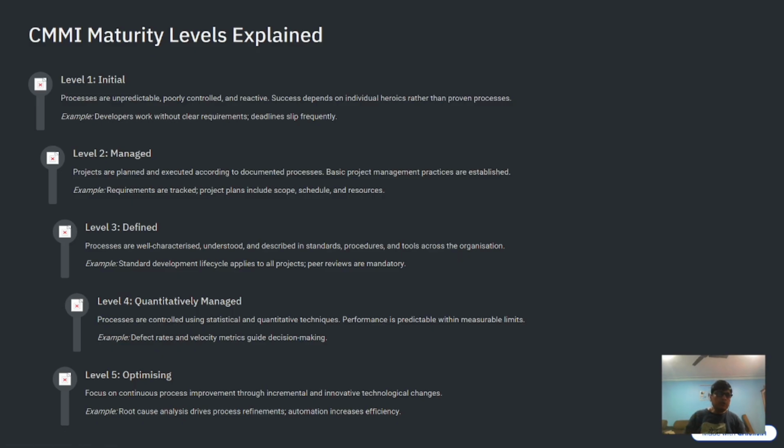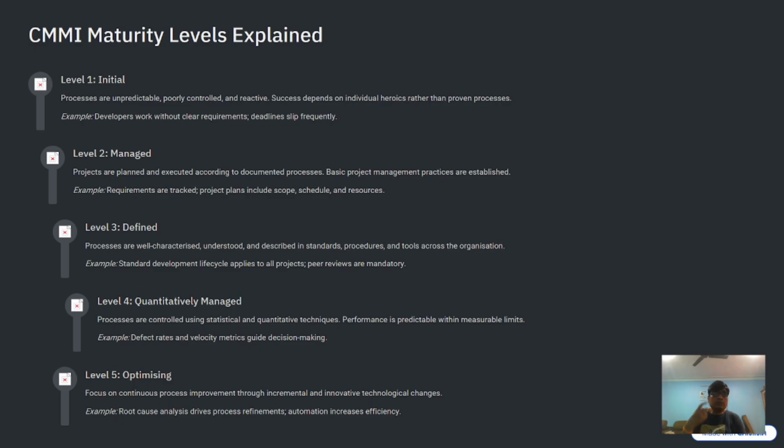Now we are moving ahead to level 4. What is level 4? Quantitative management. Now here we are playing with the numbers. Here we are getting the numbers based on the metrics. What kind of metrics?